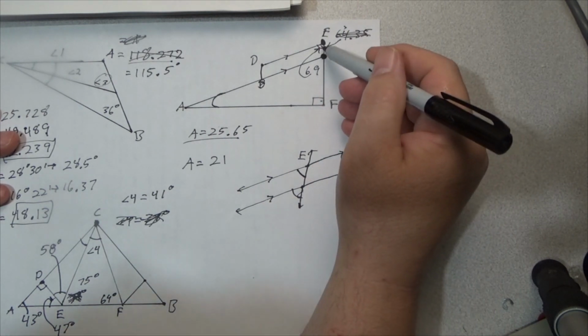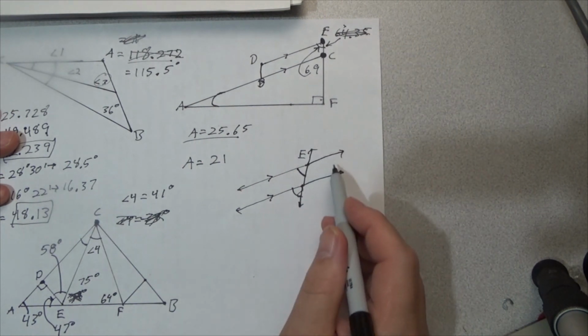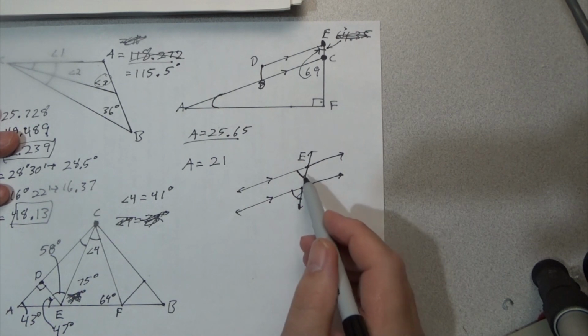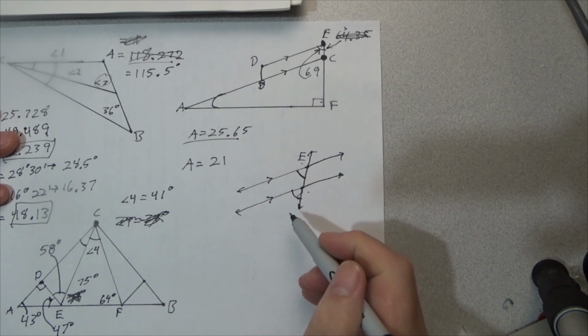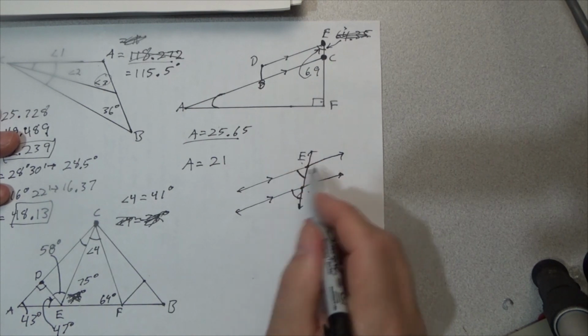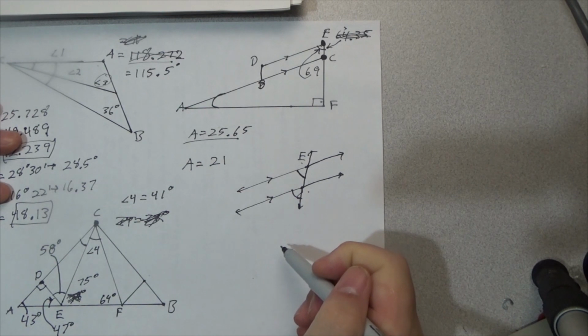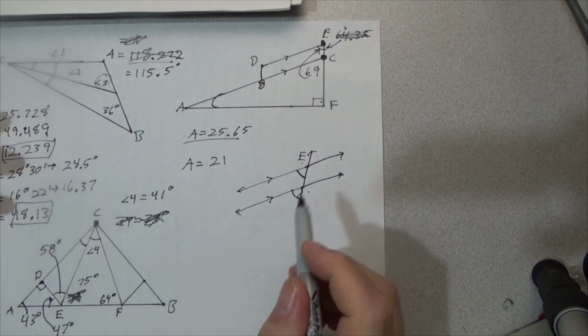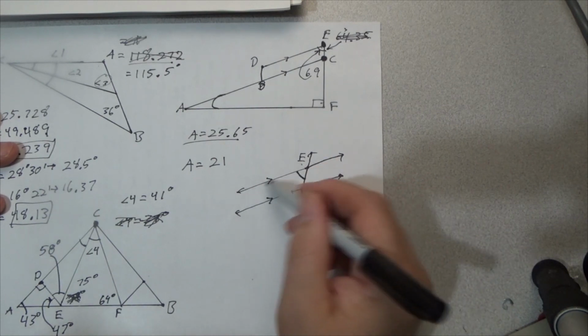So we have corresponding angles right here. Once we extend the lines, you can see that we would also have alternate interior angles, alternate exterior angles, and all of those other things that relate to parallel lines cut by a transversal. So always try to envision, you can always extend a line.